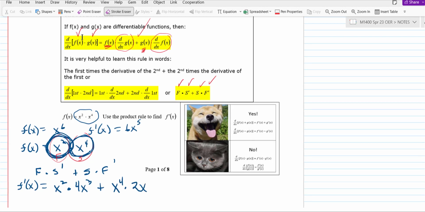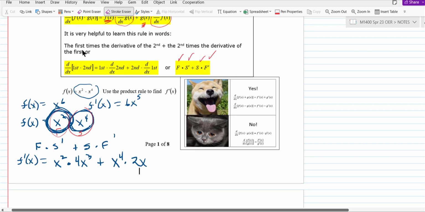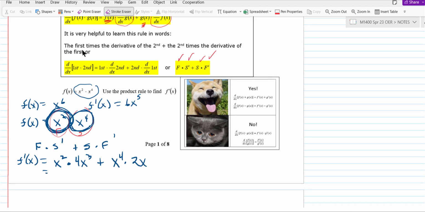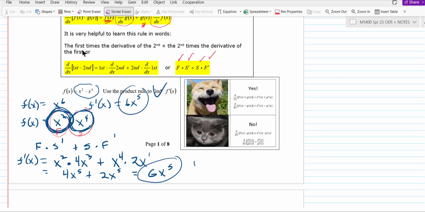So if you look at this, now let's see if we don't get the right answer. This right here is 4x to the fifth, right, because you add the exponents. This part right here is 2x to the fifth. Again, 4 plus 1 is 5. Well, those are like terms, so we get 6x to the fifth. So notice we got the same answer when we do the product rule.